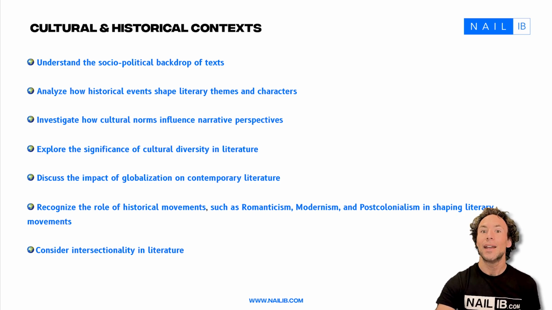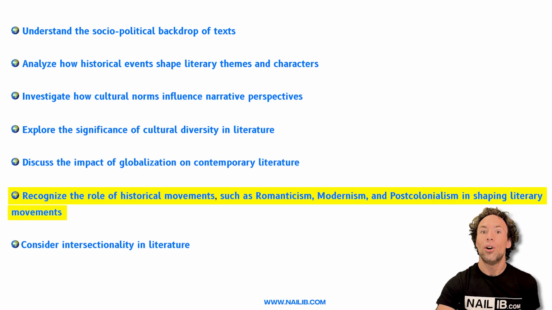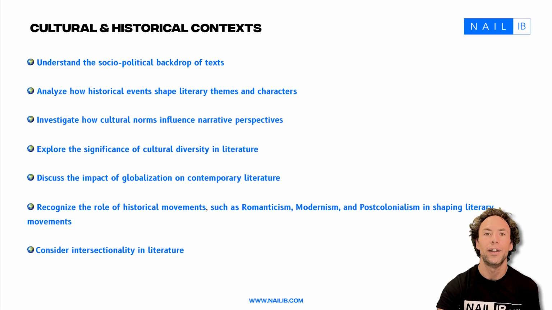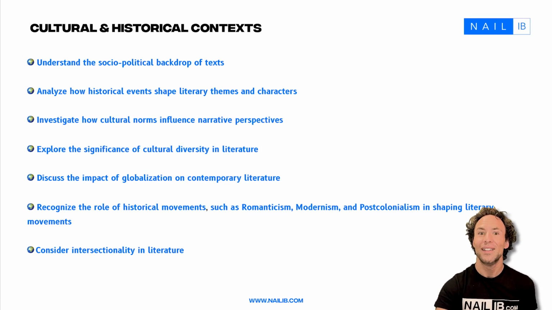The next aspect will be the role of historical movements in literary movements. So Romanticism, modernism, and post-colonialism have all had profound impacts on literary movements, and we will analyze how these movements have shaped literary trends and influenced the works of writers across different time periods. These historical movements serve as ideological and artistic currents that shape literature and literary expression.